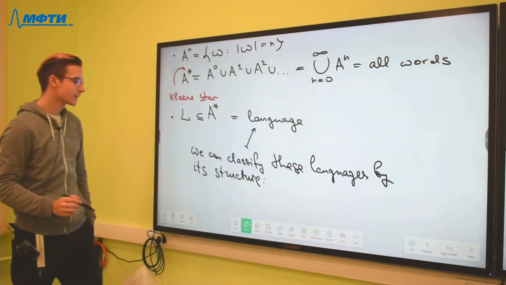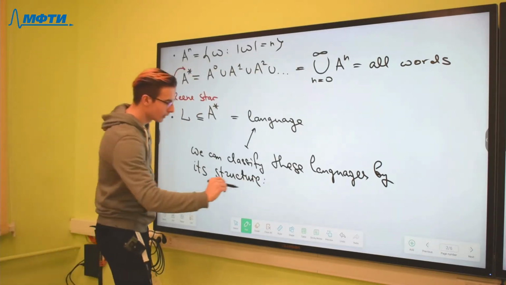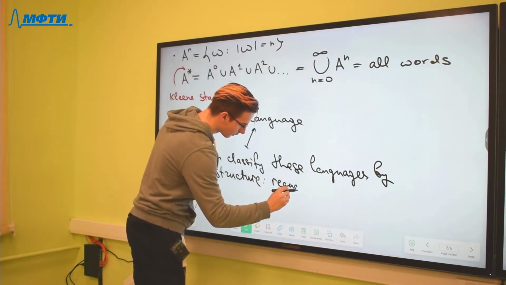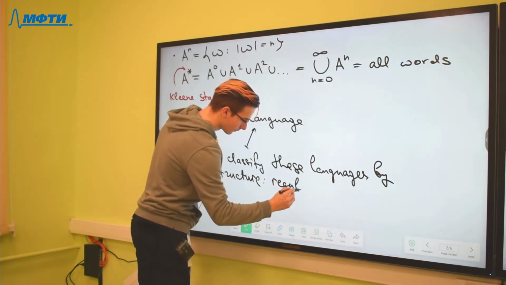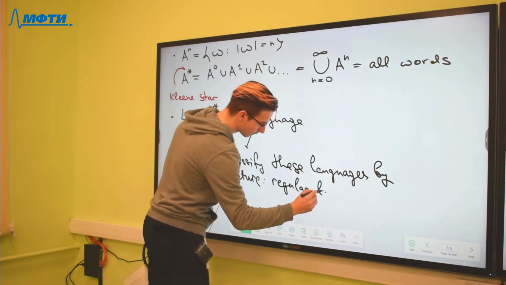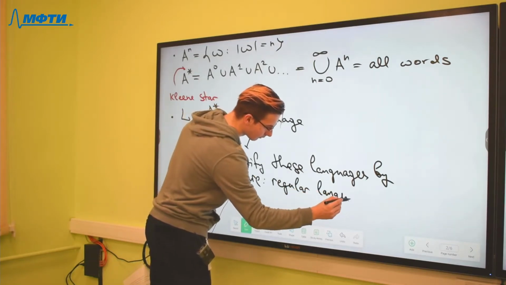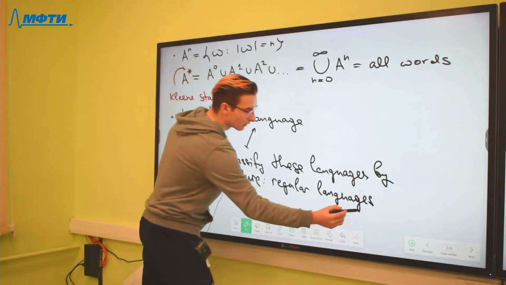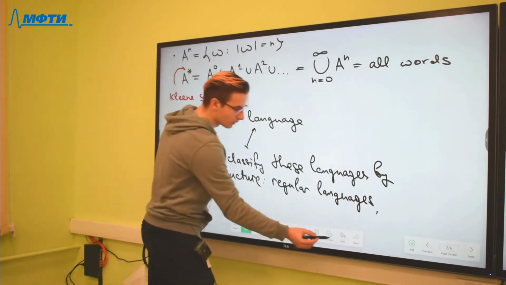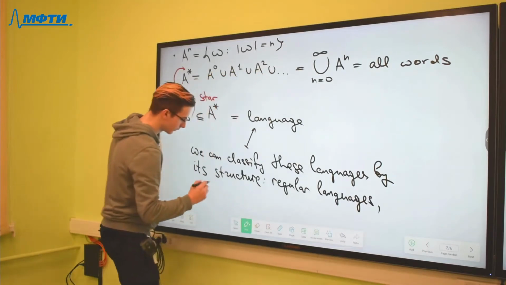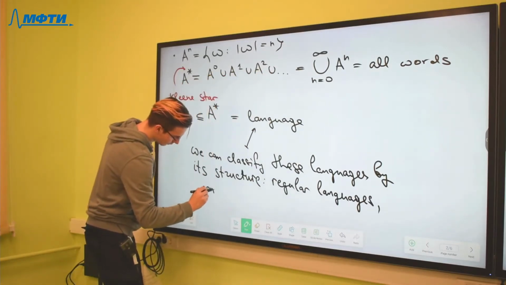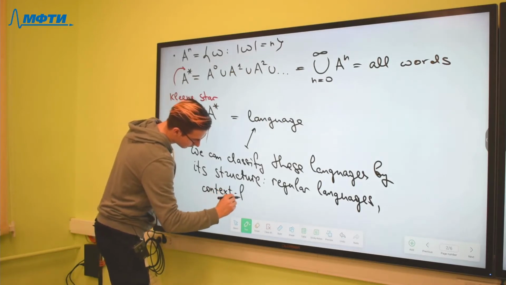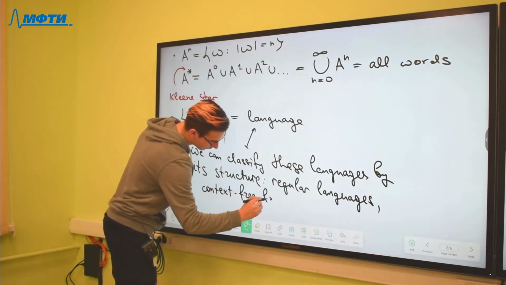In this case, you can face regular languages, and, for example, context-free languages.